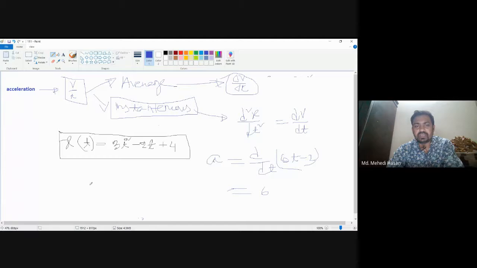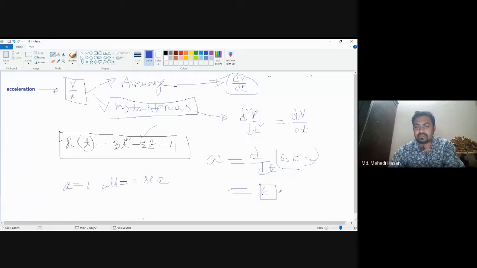So if the question is given, find the acceleration at t equal to 2 second, in that case you first have to find the second order differentiation of the given equation. Here the second order differentiation gives 6, which is constant. That means this acceleration for the given equation is always constant.